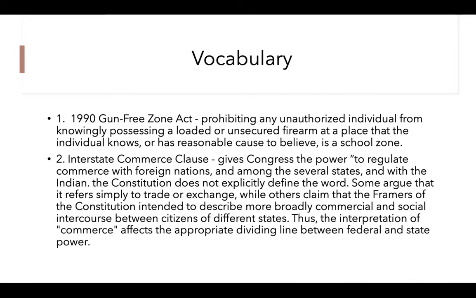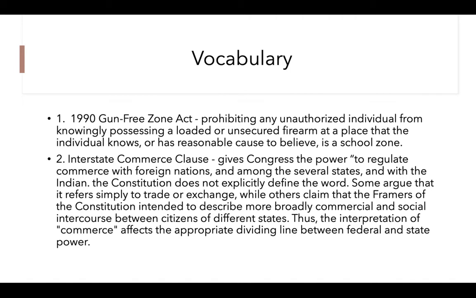The common thought was that politicians and everyone across the country believed commerce referred simply to trade or exchange of goods and services, while others claim that the framers of the Constitution, our John Jays and Alexander Hamiltons and Benjamin Franklins, intended to describe more broadly commercial and social intercourse between citizens in different states.